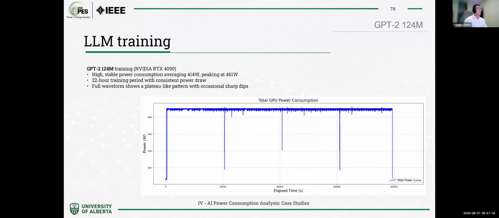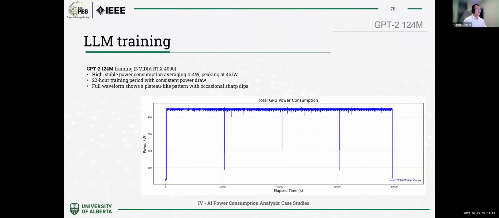The first case shown here is LLM training on the NVIDIA GPU. We can observe a really steady peak power consumption until the end of the training cycle, and there are some spikes, sharp power drops, during the checkpoint.